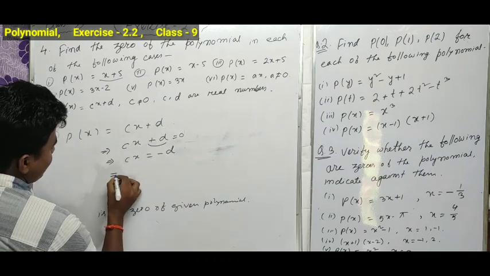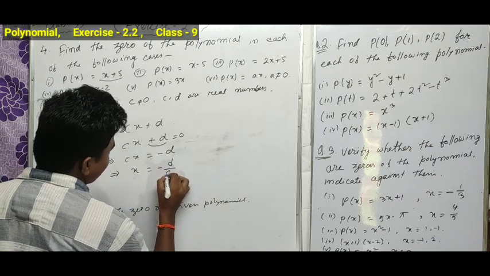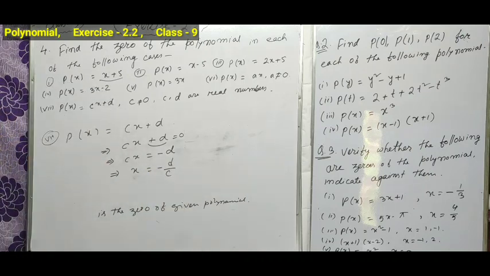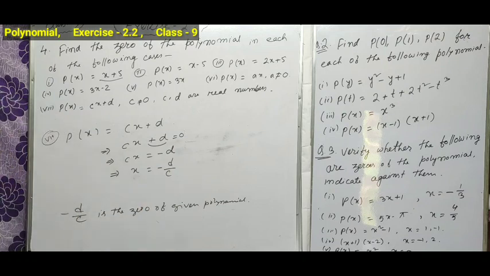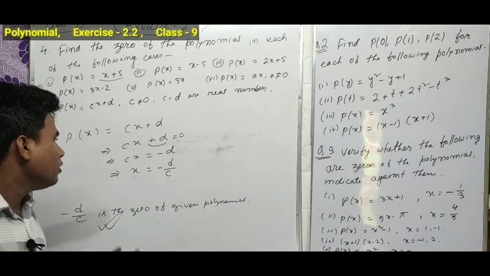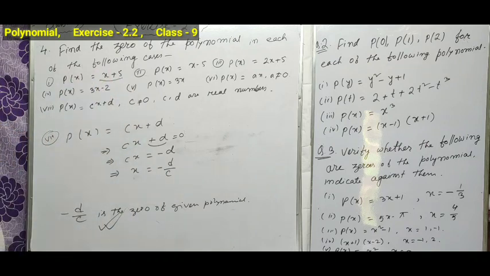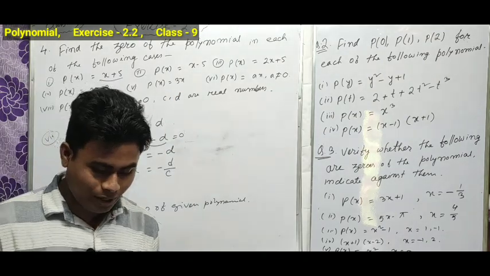Next x will be minus d by c. So minus d by c is the zero of the given polynomial. This is all about chapter 2 polynomial, exercise 2.2. Hope you understood this one.